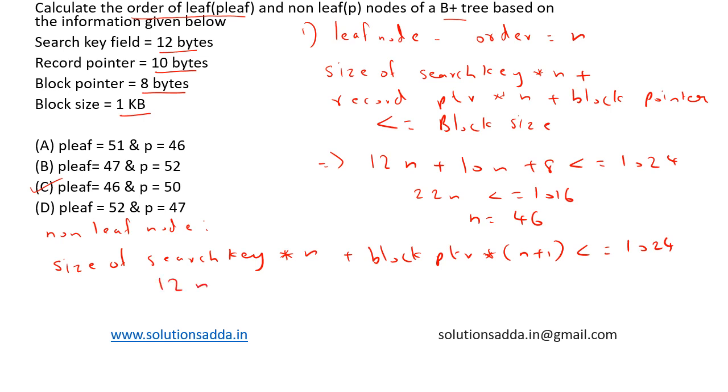Calculating 12n plus 8n less than or equal to 1024. So this is n plus 1, so we'll get 8 here. 8n plus 8 is less than or equal to 1024. Solving, we will get n is equal to 50.8, which is equal to 50. So option C is the right choice.